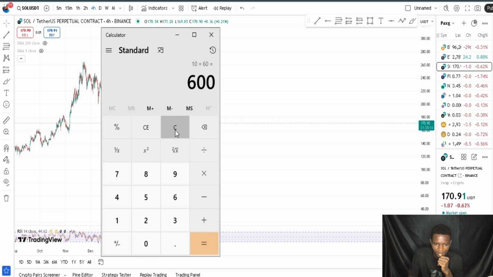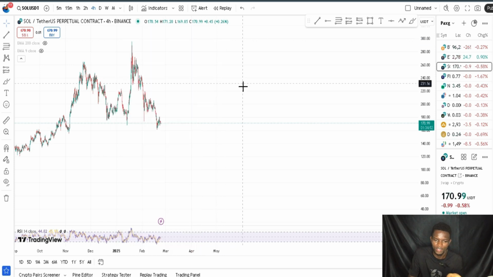Then 30 times 40, you made 1,200. So that 1,200 minus 600 is giving you 600 profit. So you see, even on a 40% win rate, your loss percentage is far bigger than your win rate, but you're still in profit because you maintained that 1:3 ratio.